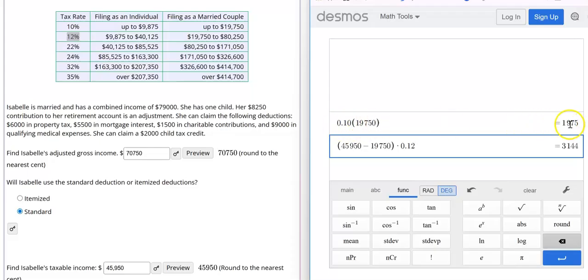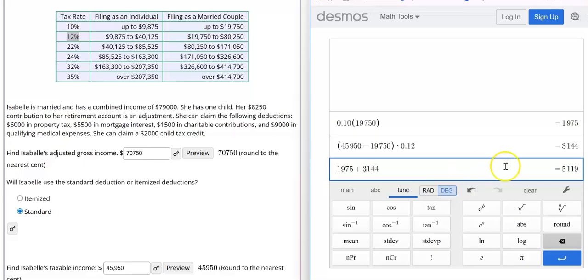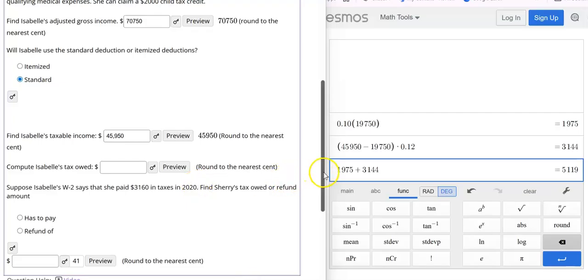At 10% she's paying $1,975. At 12% she's paying $3,144. So the total, 1,975 plus 3,144, gives you $5,119.